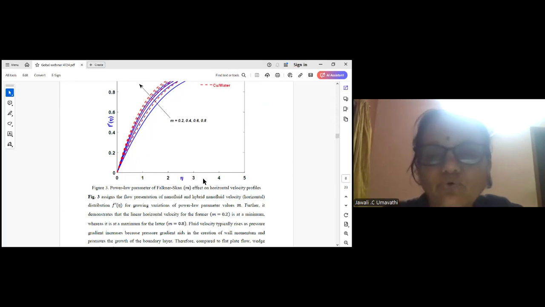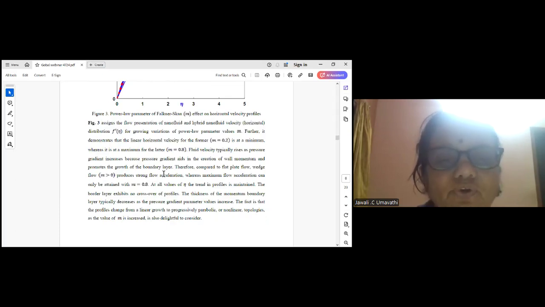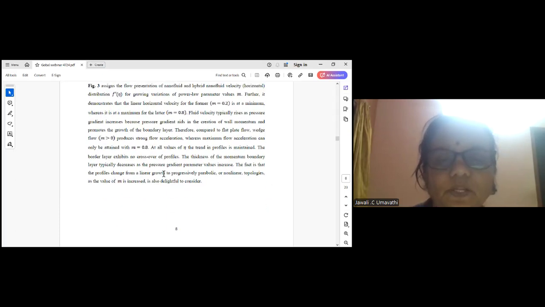Of course, you can go for m less than 0 also. In some of the papers they have taken it, but my code did not work for m less than 0. It is an inbuilt code, not my in-house code, and also maybe because of the transformations, my code did not run for m less than 0. I go for only m greater than 0.